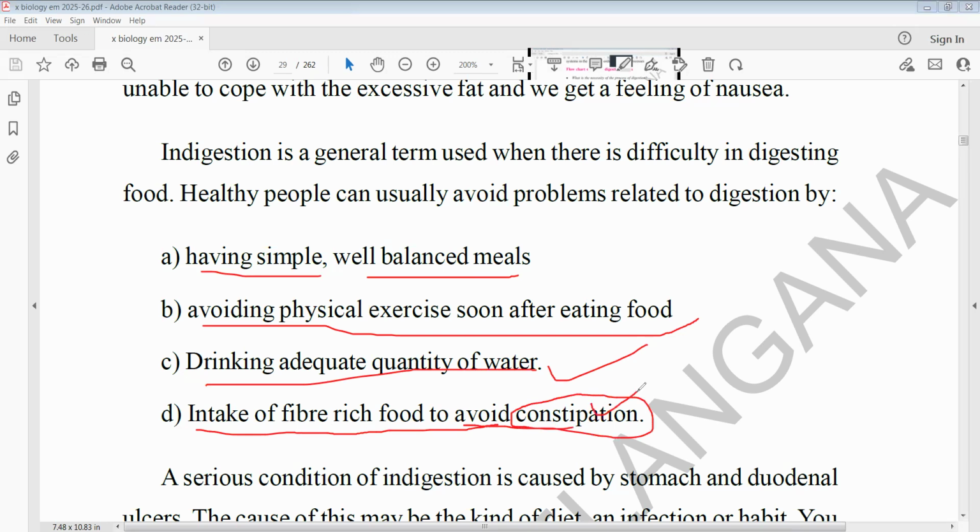Constipation is a form of indigestion. When we take food with more fiber, digestion occurs properly. If we do not eat fiber-rich material, it leads to constipation.